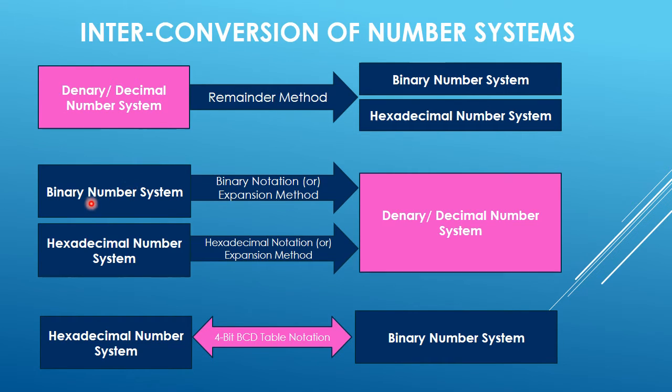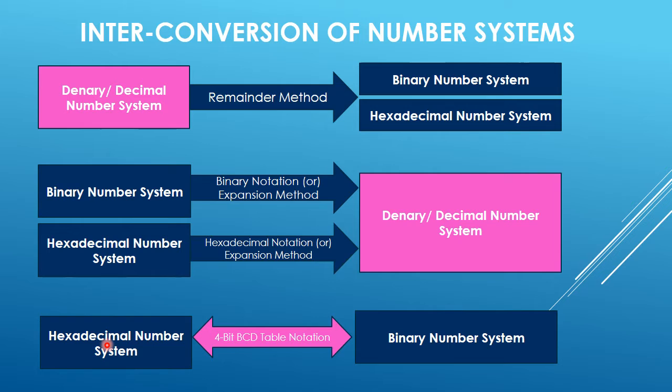If you are given a binary number and asked to convert it into an equivalent denary or decimal number, then you will use the expansion method with binary notation. Similarly, if you are given a hexadecimal number and asked to convert it into an equivalent denary or decimal number, you will use the expansion method with hexadecimal notation.